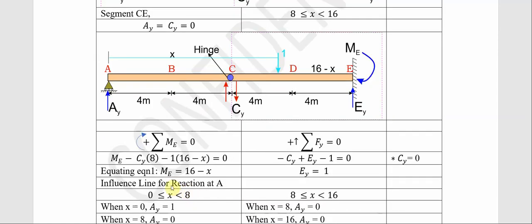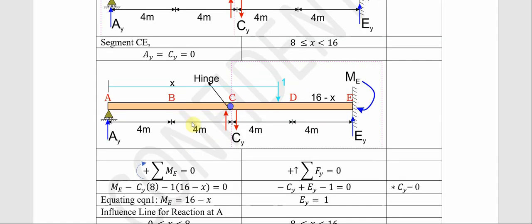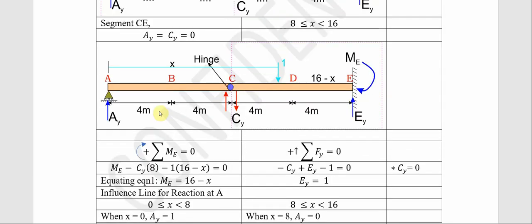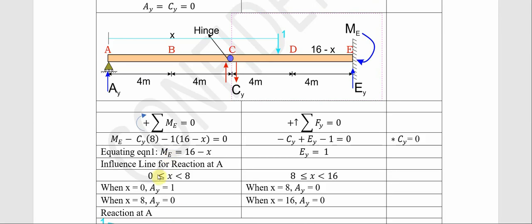Now if we want to draw the influence line for reaction at A, we'll look at our equation at x equals to 0. From the equation we have AY equals to 0. When we put our unit load at distance 0 here, what will be our AY?